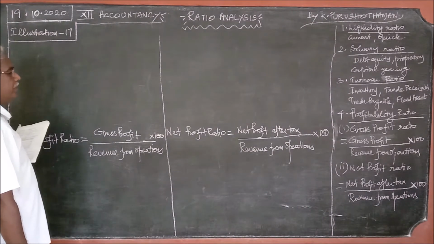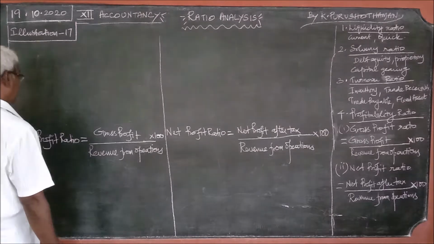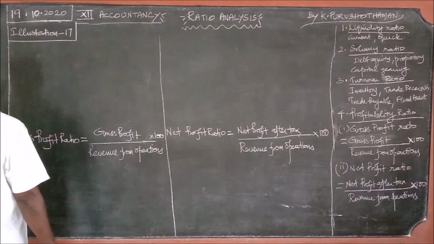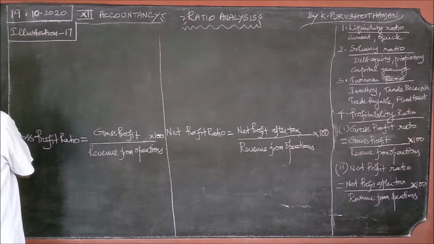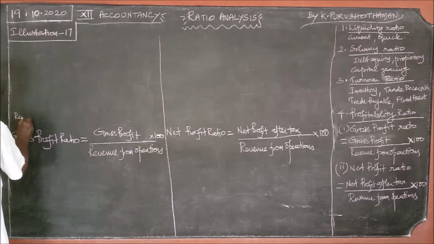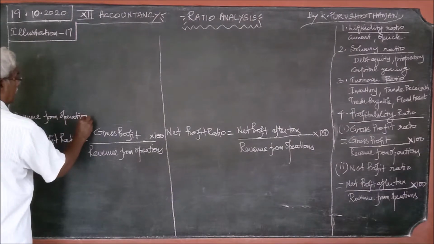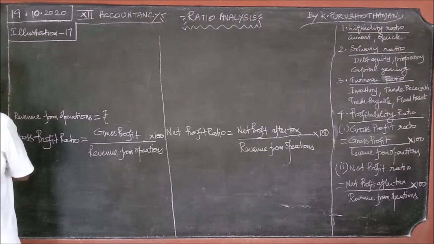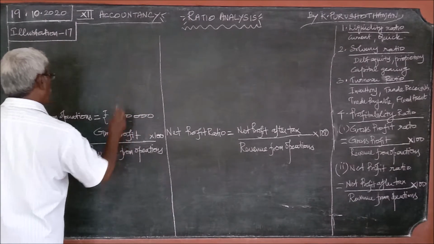And what about the revenue from operations? It is given in the problem straight away. So, denominator revenue from operations is equal to 5 lakhs. So the denominator work is over.